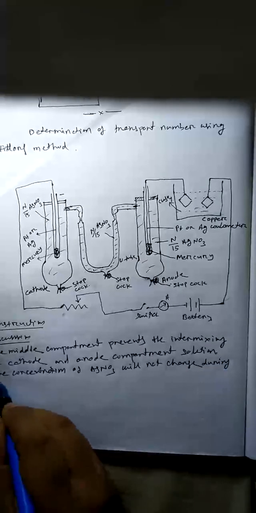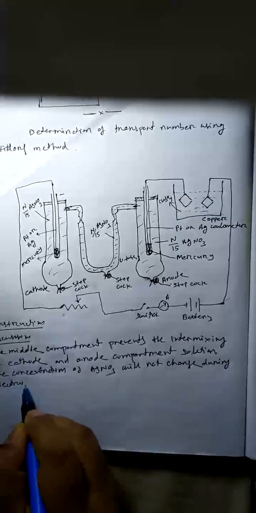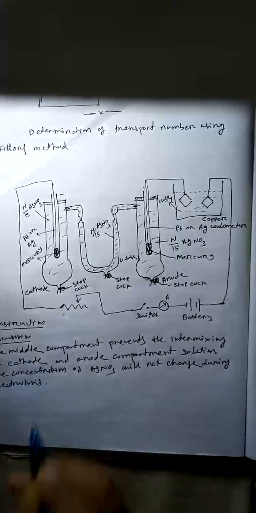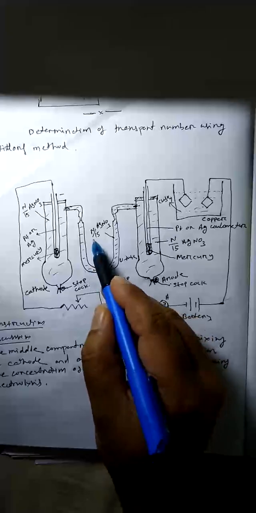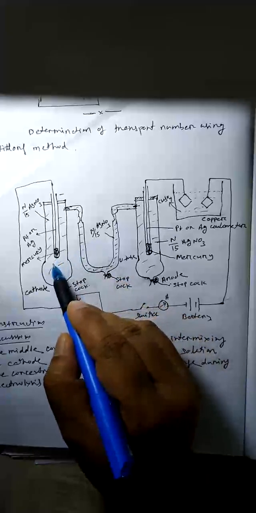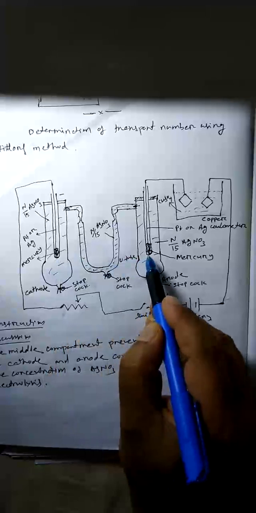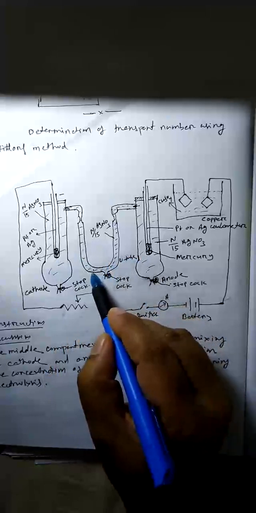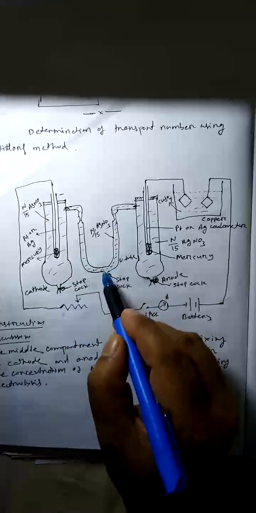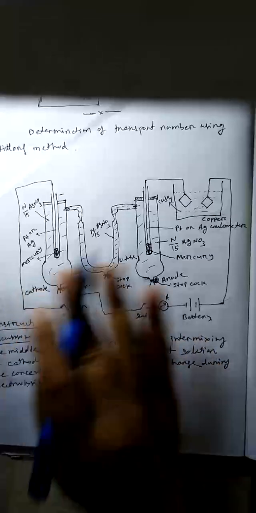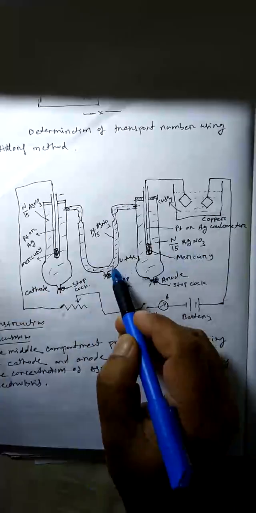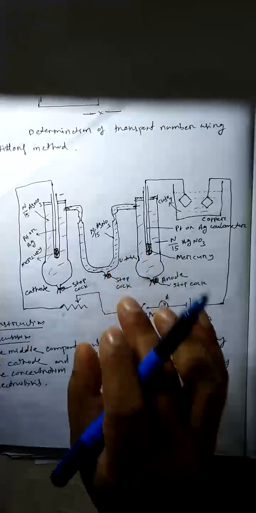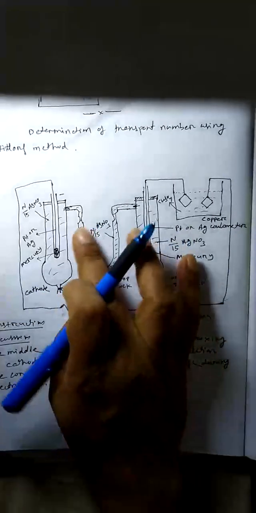Whatever concentration, N/15, you take in the cathode and anode, the same concentration you have to take in the U tube. The concentration of silver nitrate will not change during electrolysis, and after electrolysis it will remain constant. And this is the main aim of the U tube.